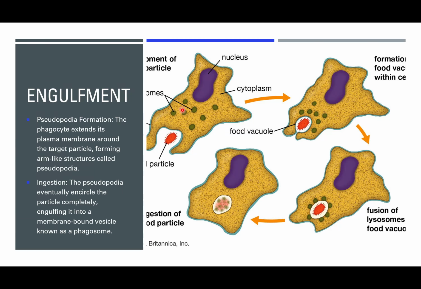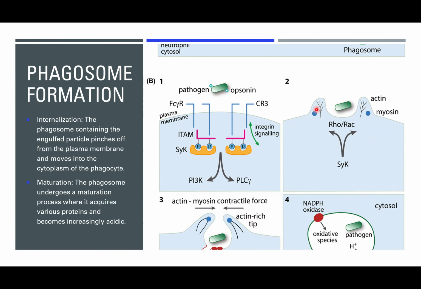Once it engulfs it through endocytosis, it creates what we call a phagosome. Don't call it a food vacuole. I just use this diagram because it makes more sense. It's a phagosome. The phagosome formation is there.